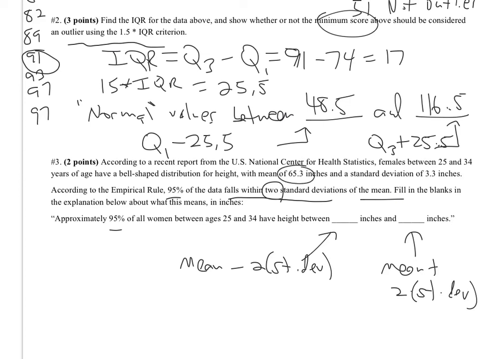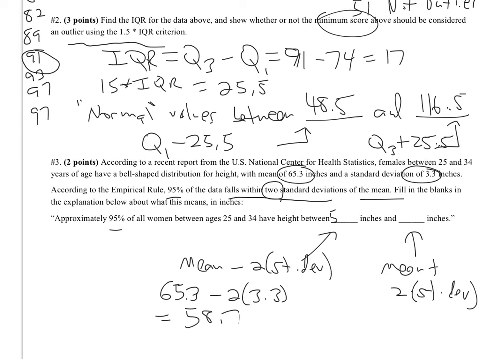We're given the mean and the standard deviation, so these are both easy calculations. Here this will be 65.3 minus twice 3.3. So if I do that on a calculator, 65.3 minus twice 3.3 is 58.7.